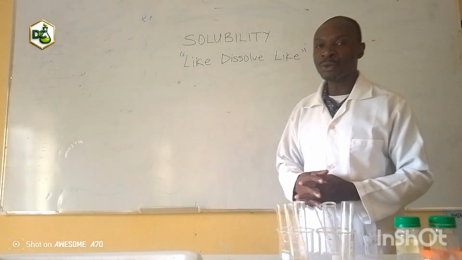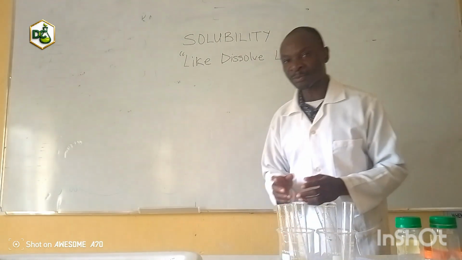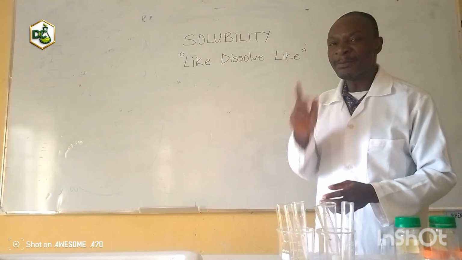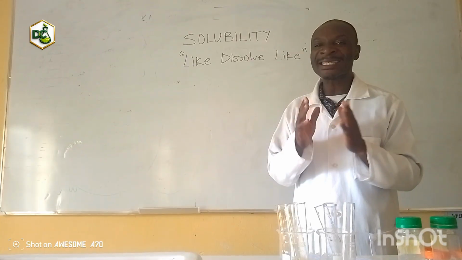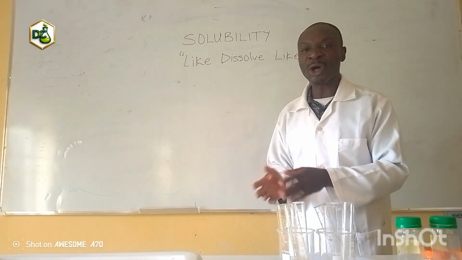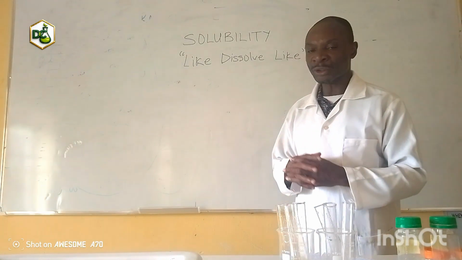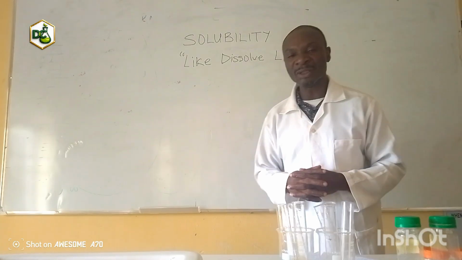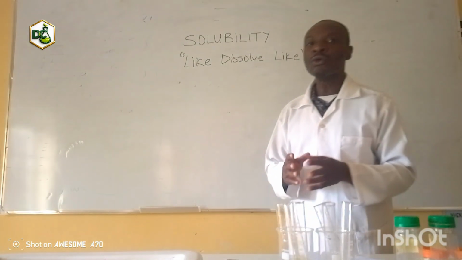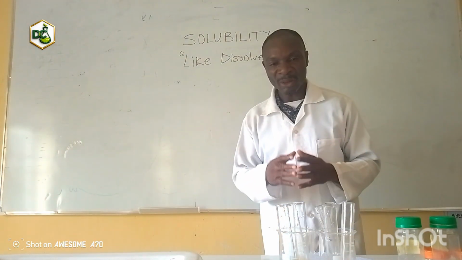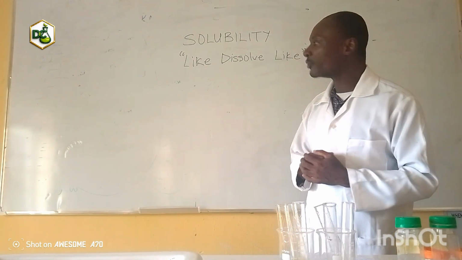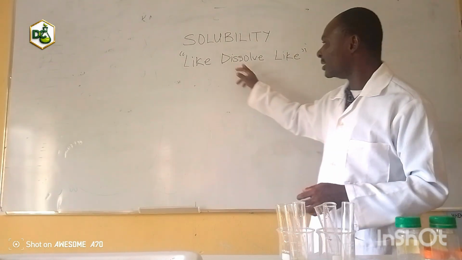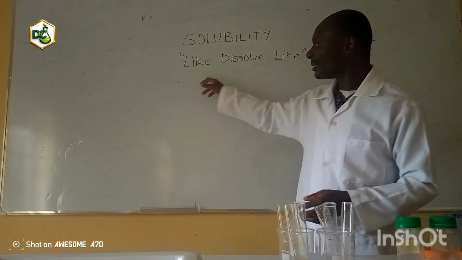They are not soluble in each other. But the principle behind it is that substances that are similar in polarity will dissolve in one another. So we can go into demonstration to buttress this principle of solubility, like dissolves like.